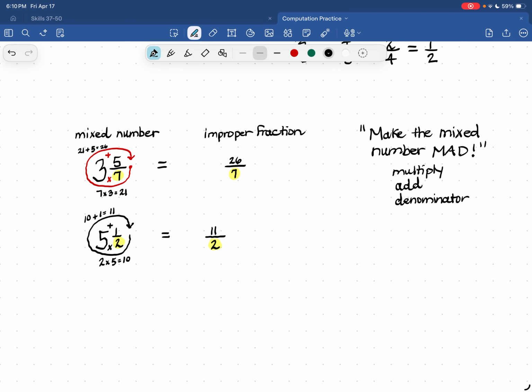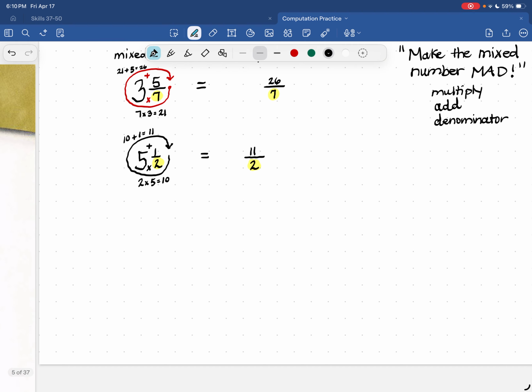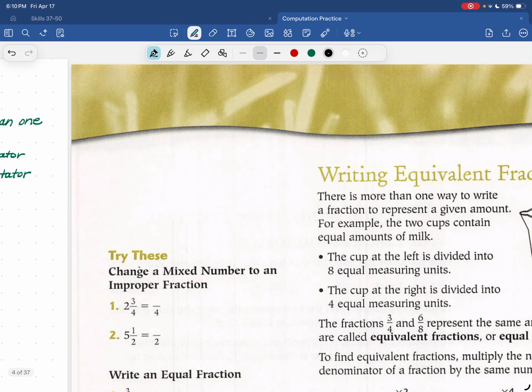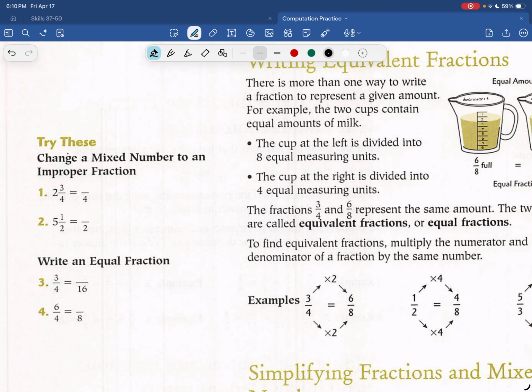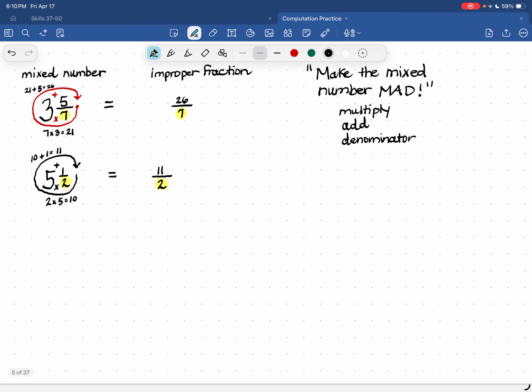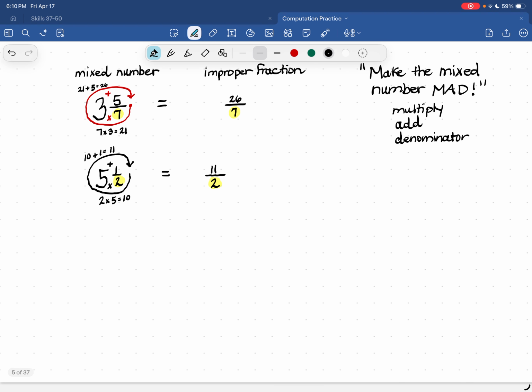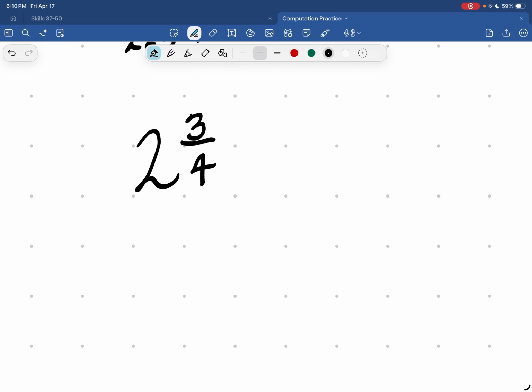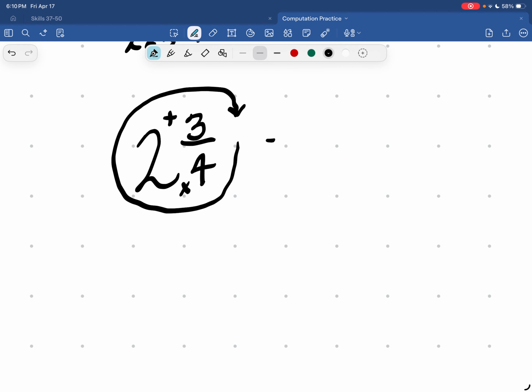Okay. Now our book gives us some more. It gives us these two, 2 3/4 and 5 1/2. I just did 5 1/2, we already know that one. So let's do 2 3/4. We're going to make this number mad. So we do that thing. Multiply, add, and denominator.